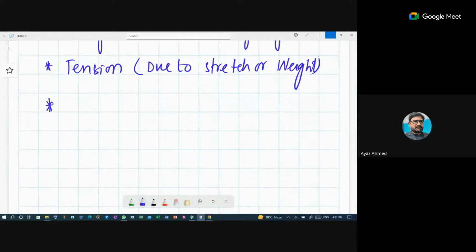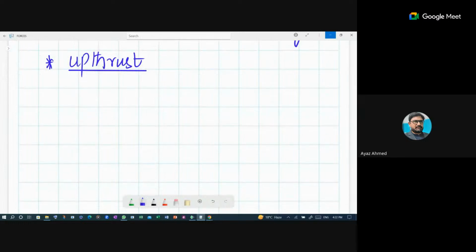Then there was a force which was to be discussed, that is upthrust. We have to discuss this upthrust in detail. Upthrust is basically the force which is caused when an object is immersed in a liquid.